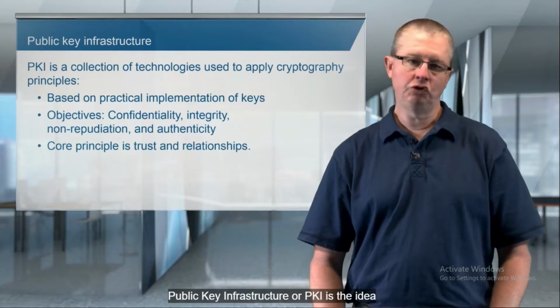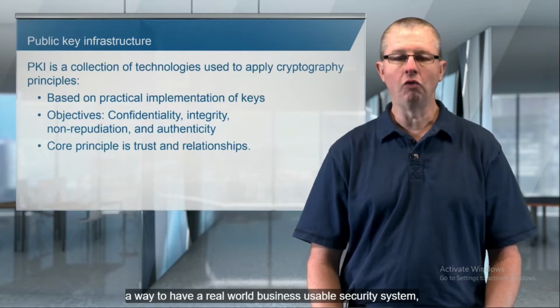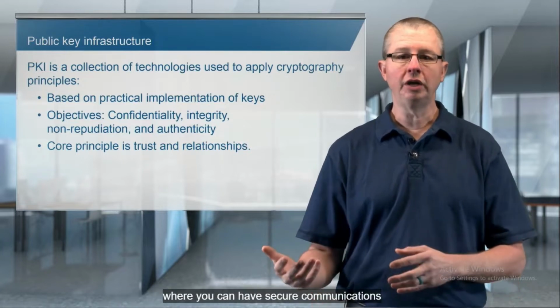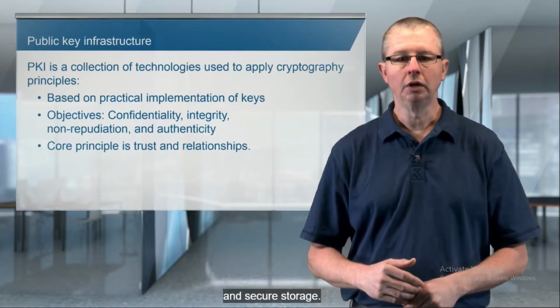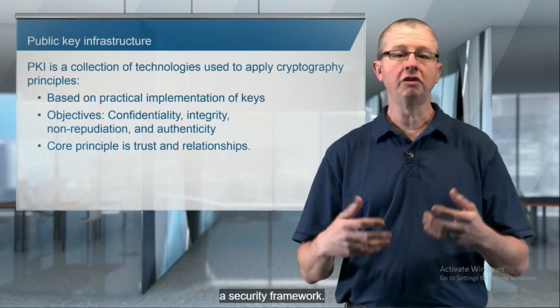Public Key Infrastructure, or PKI, is the idea of implementing cryptography and related technologies in such a way to have a real-world business-usable security system, where you can have secure communications and secure storage. Sometimes PKI is described as being a security infrastructure or a security template or even a security framework.